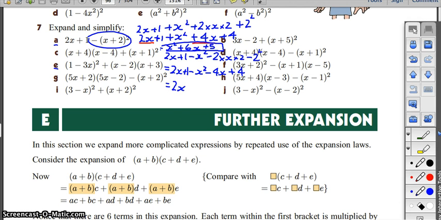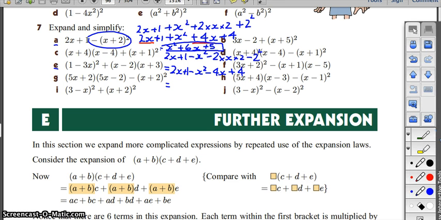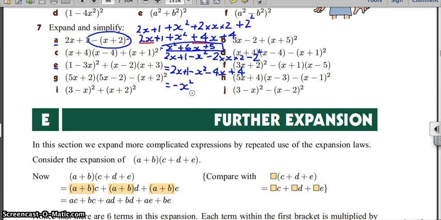What are our like terms there, mate? Is that like to anything? No, so we pull it down. Is there anything like to 2x? There's nothing like with 2x. Yep, so 2x take 4x. And then what does that leave us with? 1 plus 4 is 5. Alright.